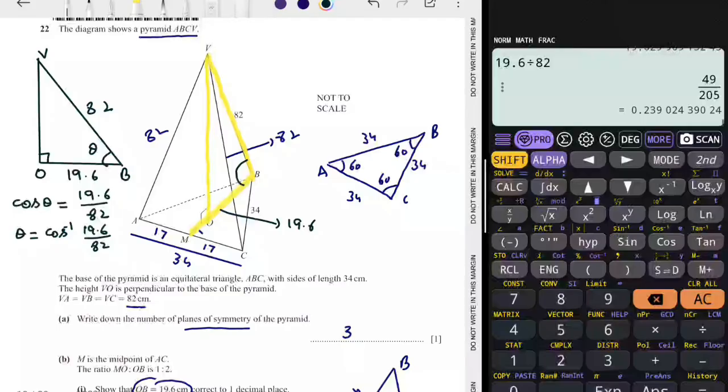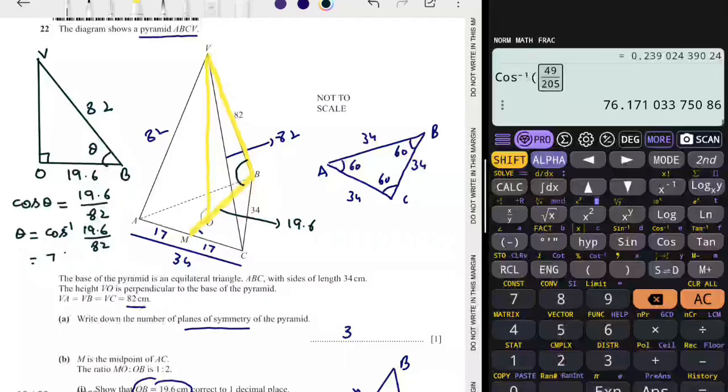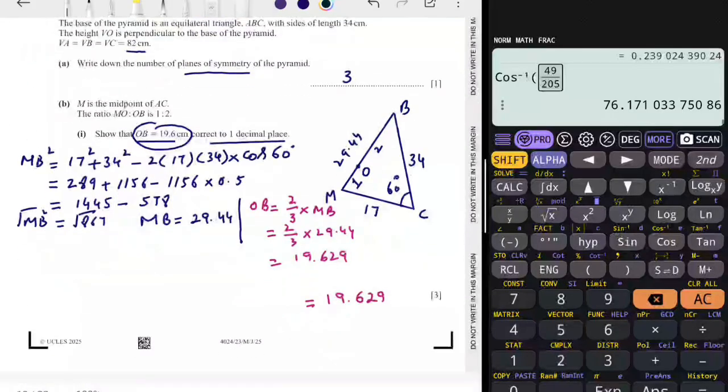This would be 0.2390. Shift cos. So the answer would be 76.17, and it should be written here as well.